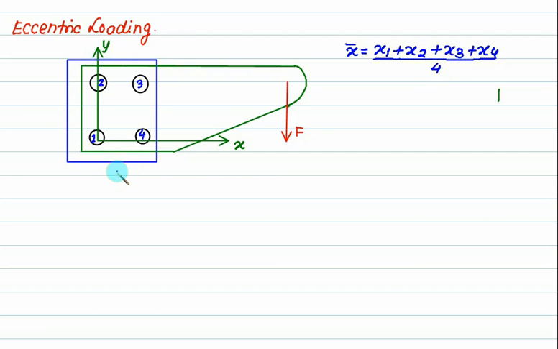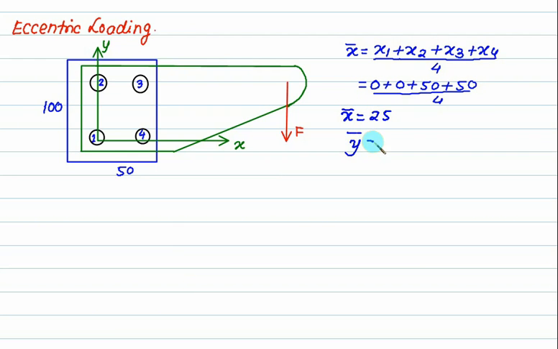Suppose this distance is 50 and this distance is 100. The x coordinate of rivet 1 is 0, rivet 2 is also 0, rivet 3 is 50, and rivet 4 is also 50, divided by 4. So x bar equals 25.